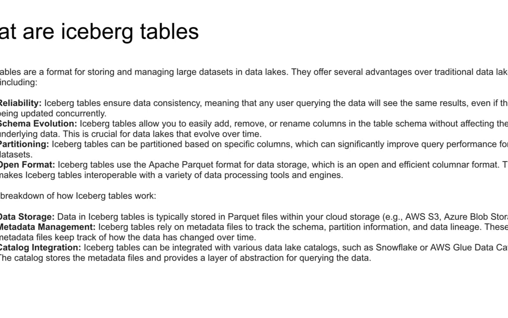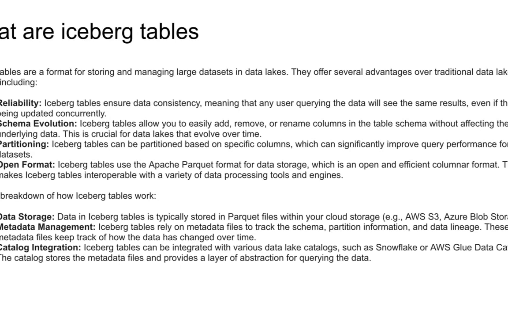Iceberg tables ensure data consistency, meaning that any user querying the data will see the same results, even if the data is being updated concurrently. Schema evolution: Iceberg tables allow you to easily add, remove, or rename columns in the table schema without affecting the underlying data.